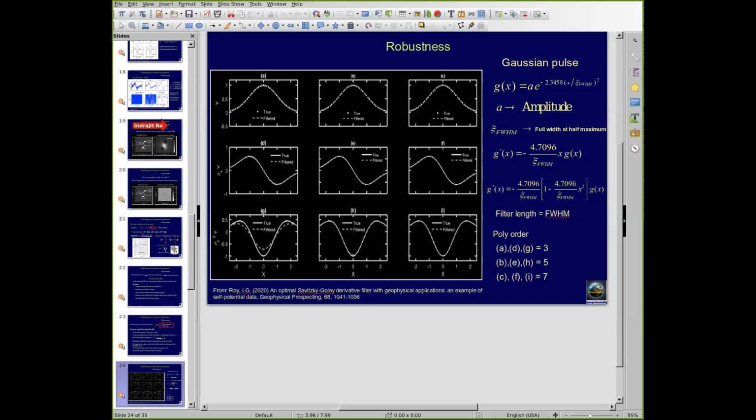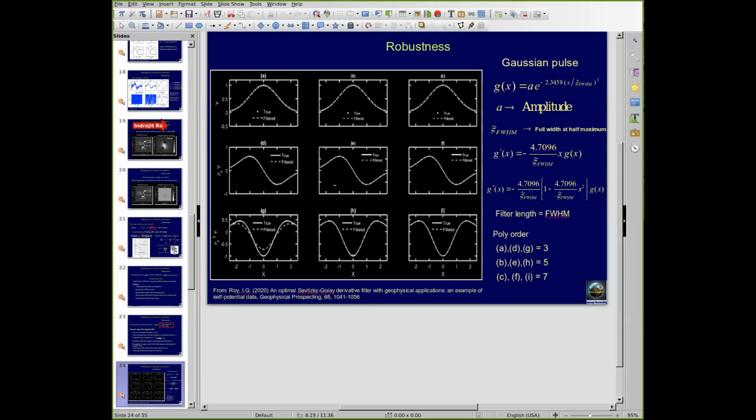A pulse normally has two attributes: one is the peak amplitude, another is the full width at half maximum. That is this width, which describes the pulse shape. So keeping these two parameters fixed, you see the results.